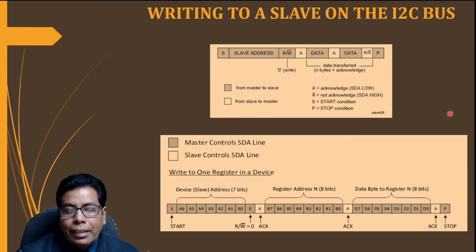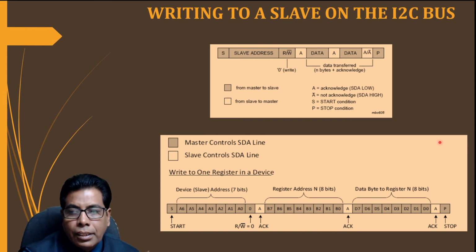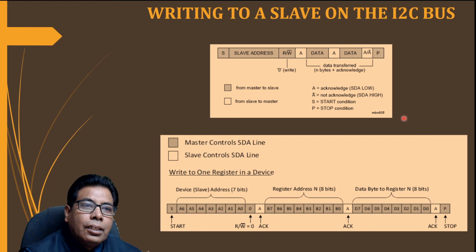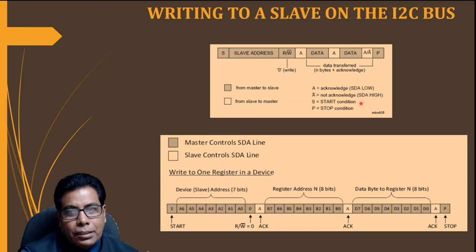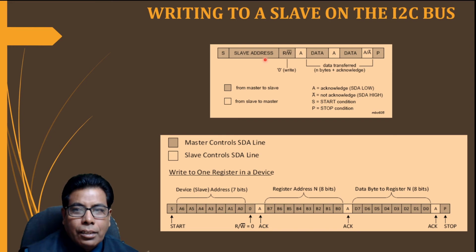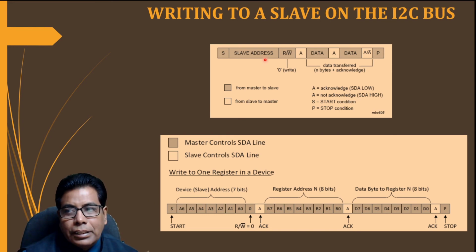Then let us see how we can transfer data from master to slave on the I2C bus. Now here you see two figures. So to write on the I2C bus, master will send a start condition.